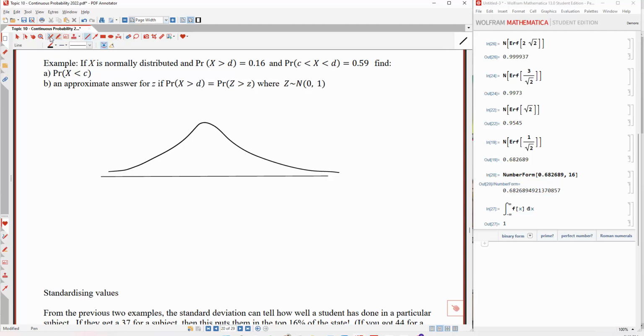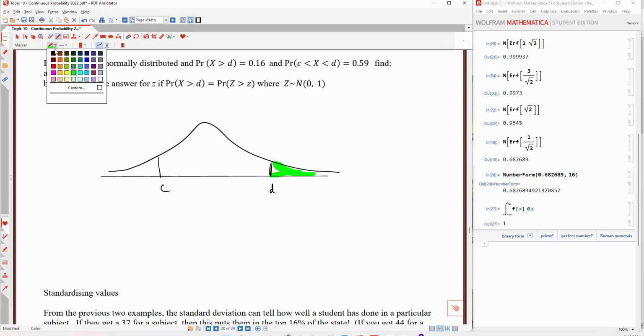So remember, I basically know that that's 0.5, the mean. So I'm just going to put it somewhere here. So that's going to be D, and I'm going to shade this part here. That's 0.16. And between C and D is 0.59. Okay, so here's D, and let's put C in here somewhere.